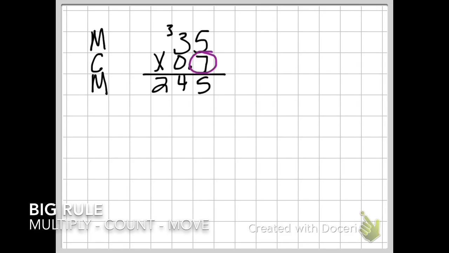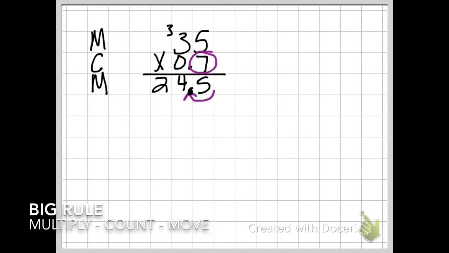That's my count step. And now I move. I start on the last digit that I have, and I move my decimal point that one spot that I counted, and my decimal point goes right there. That's how multiply, count, and move work as I'm multiplying decimals.